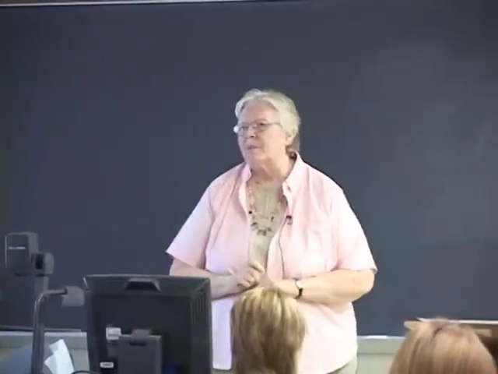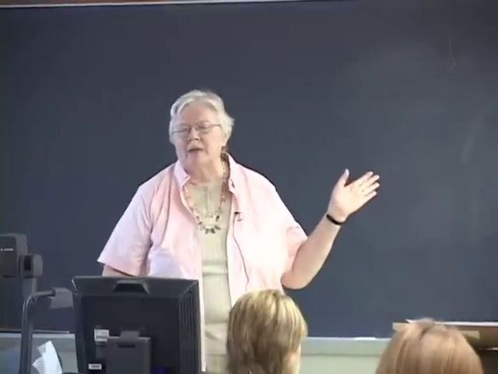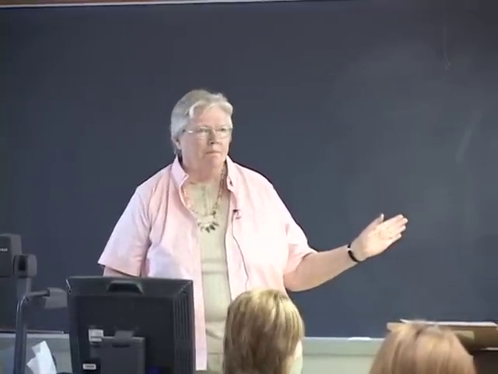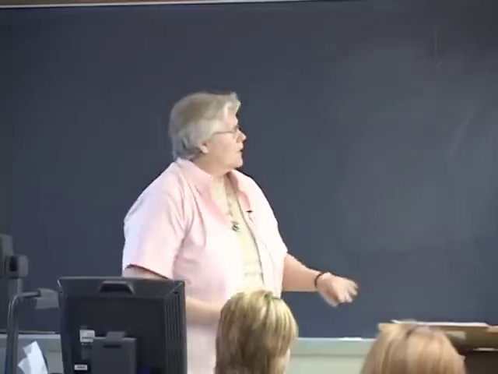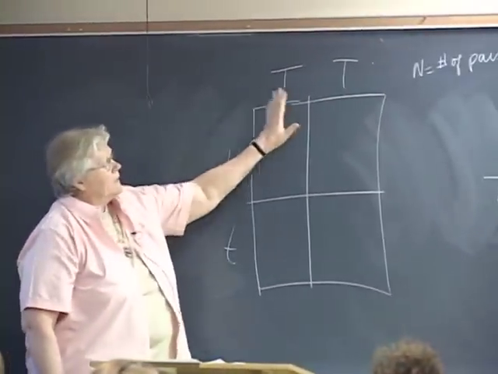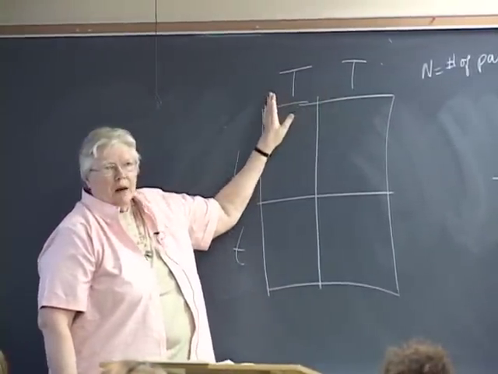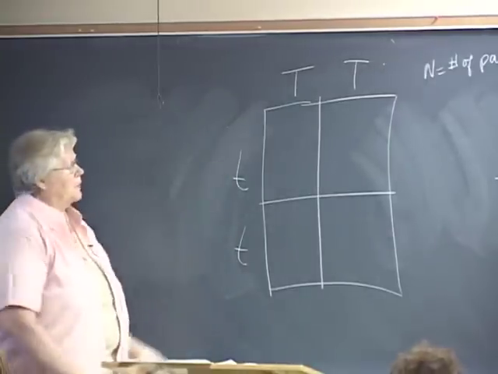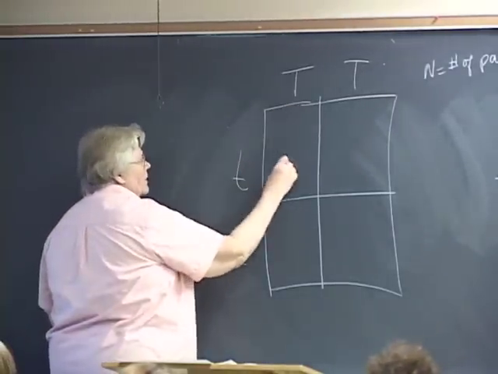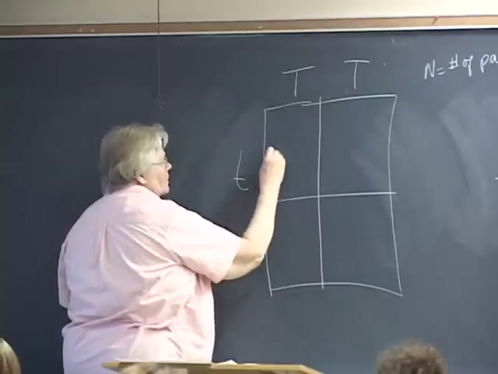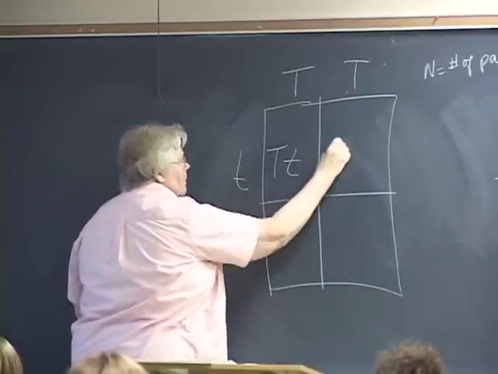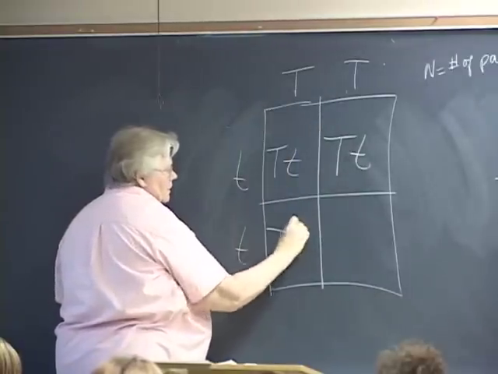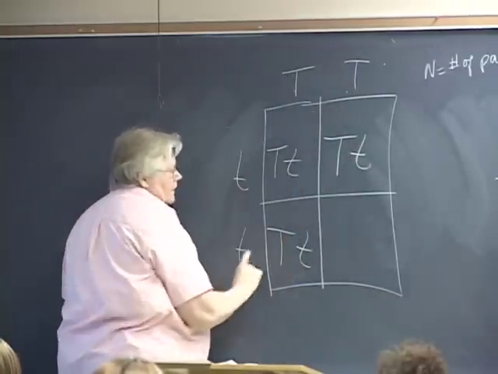What happens if a person who is homozygous tongue roller marries a non-roller? All right. So what we do is we put one set of genes across the top, we put the other parent's set of genes across the bottom, and we say this one combines with this one. This one combines with this one. So we fill in the boxes. This gene and this gene. This gene and this gene.